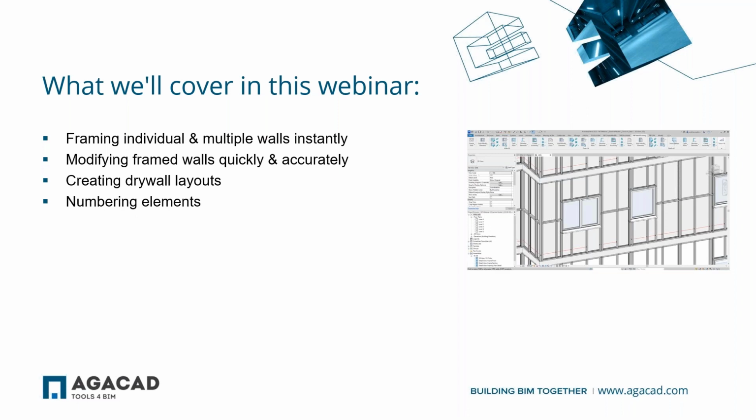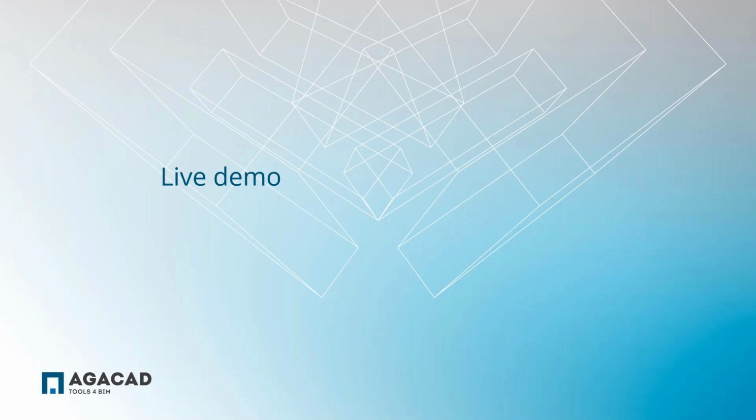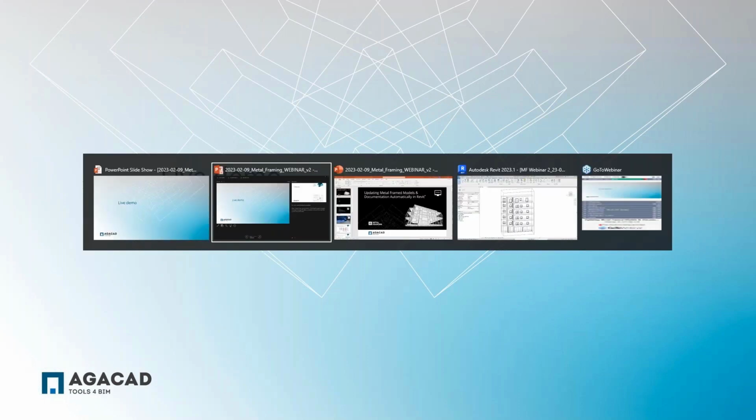Then we're going to look at BIM data management and the numbering of elements in particular. And finally, we're going to create some shop drawings and we're going to make some changes to them. So let's proceed with the live demonstration in Revit.